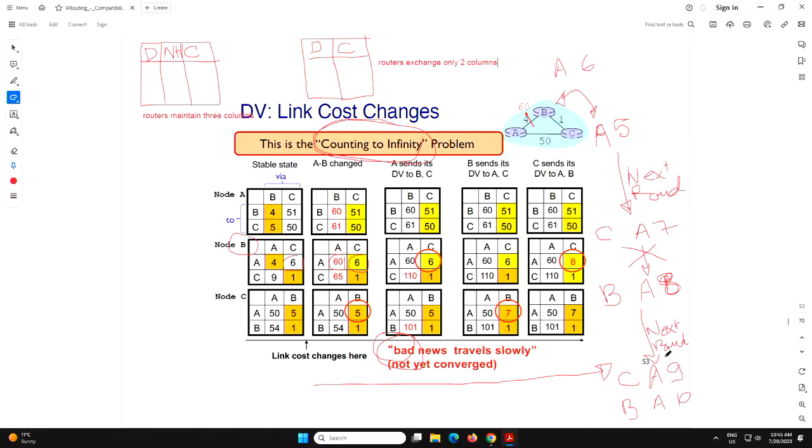This is Poisson reverse, right? C should not tell B that I can reach A with a cost of 7, because C knows that the next hop is B, so it should not advertise that to B. It should advertise other things where the next hop is not B. So that's Poisson reverse. You cross that out. You do not advertise certain rows of your table.